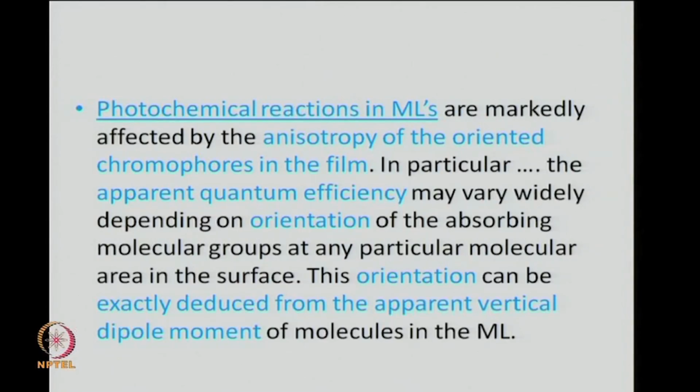We expect here that the chromophores, which are absorption sites in the molecules undergoing photochemical reaction, would be oriented differently depending on the pressures. So, we expect quantitative experiments to reveal a variation in the apparent quantum efficiency. Now, the orientation, which could be exactly deduced from the measurement of the apparent vertical dipole moment of molecules, could be the reason for the different apparent quantum efficiencies measured.